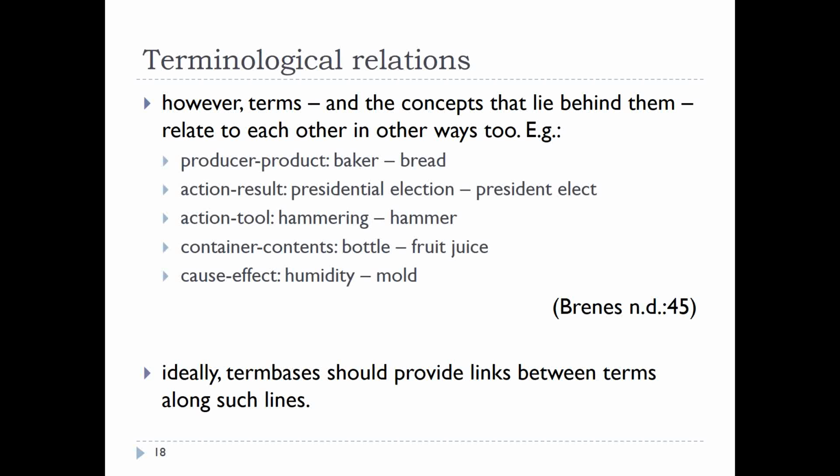So these might include the relationship between a producer and a product. And the reason it's sometimes useful to note these down is that you might, as the user of a term base, know the word bread, but you don't know the word for someone who makes bread.